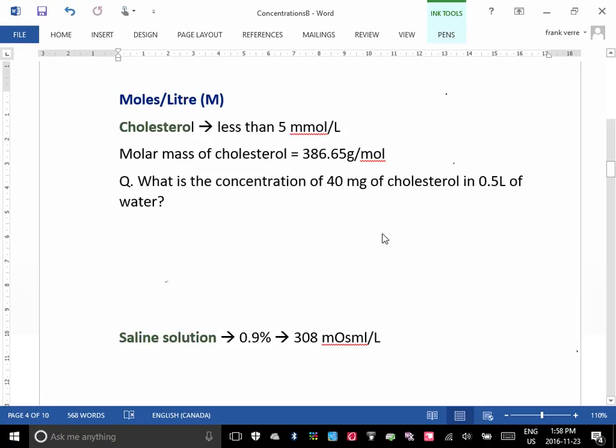So moles per liter is mol. That's the big M. Little m is millimoles, which is simply a 1,000th of a mole.